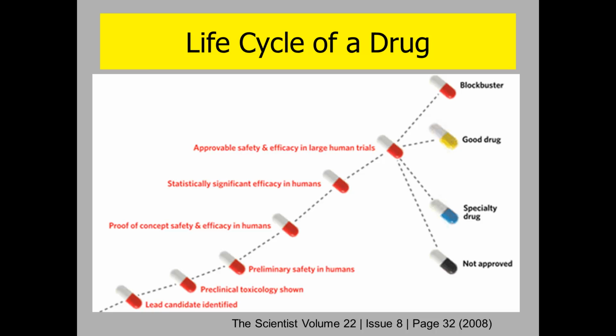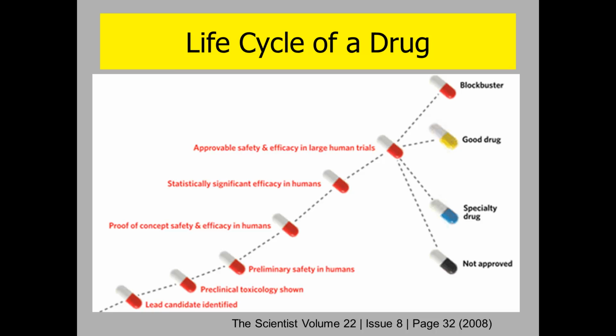Then you have to do some preclinical toxicology testing. That can be done in vitro in cell lines initially to show that it doesn't have a toxic effect on cells growing in culture, and then you can do animal studies, usually with mice or rats.